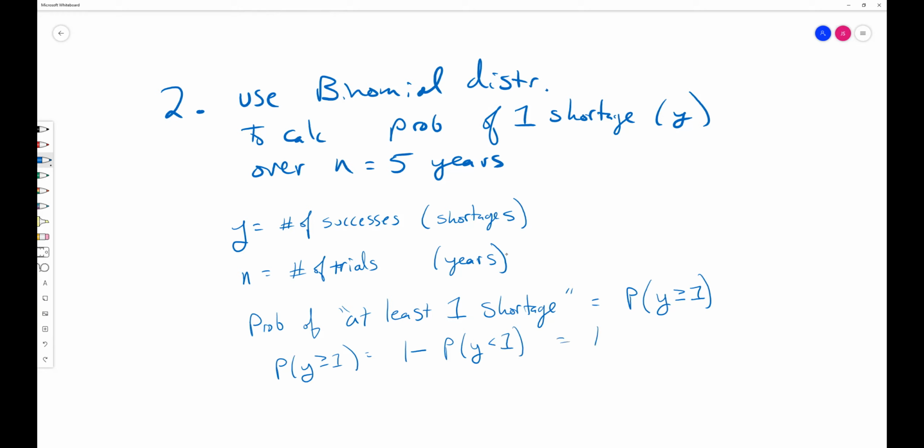Which is equal to 1 minus the probability that y is equal to 0, right? So less than 1 just means 0. We can't get less than 0. So this is ultimately what we're going to calculate, just to simplify it, right? If we wanted to do greater than or equal to 1, we would have to add up all the individual probabilities for y is equal to 1, 2, 3, 4, and 5. But this makes it a lot easier.